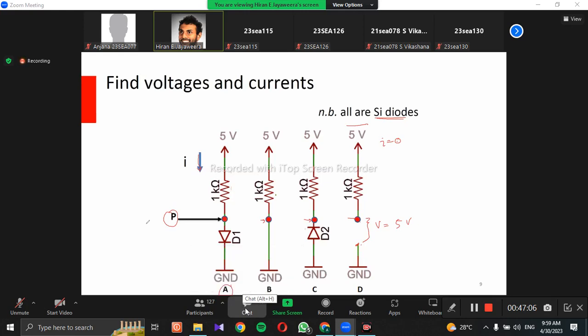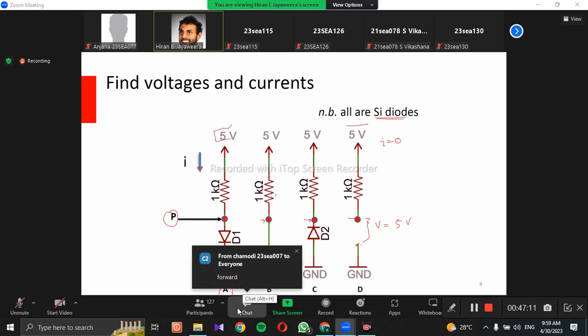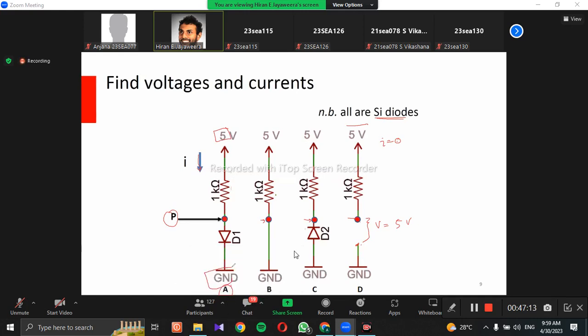It is forward bias, right? The way you recognize it is that we have higher potential here and lower potential here. If there is a current, the flow direction has to be in this direction, from high potential to low potential. The diode arrow is also in the same direction. So this is forward bias. Since it is forward bias and conducting, what is the expected potential drop across the diode?